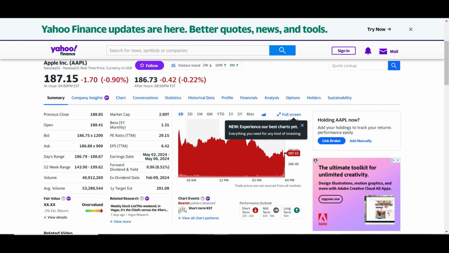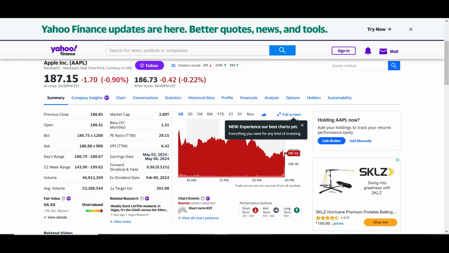But they have a dividend payout of 96 cents per share. So it gives you a rough estimate that they can afford to pay the dividend and still have money left over to invest in other things and have cash on hand for acquisitions, things like that. So that's a good sign. That's something you want to see.